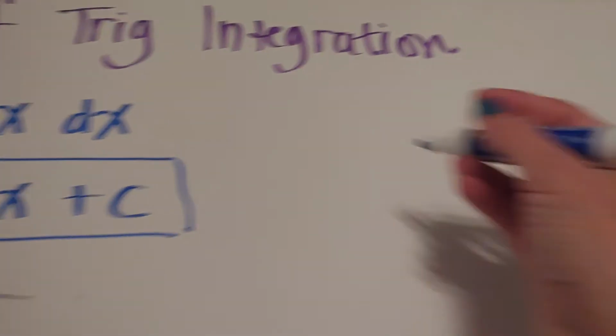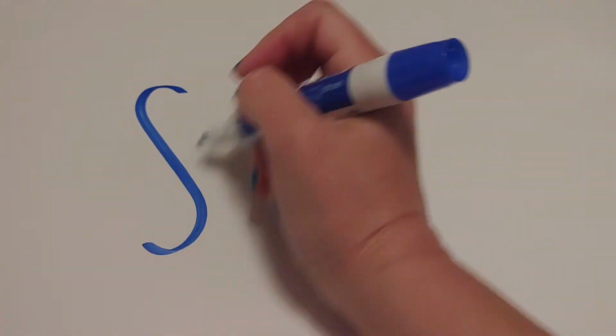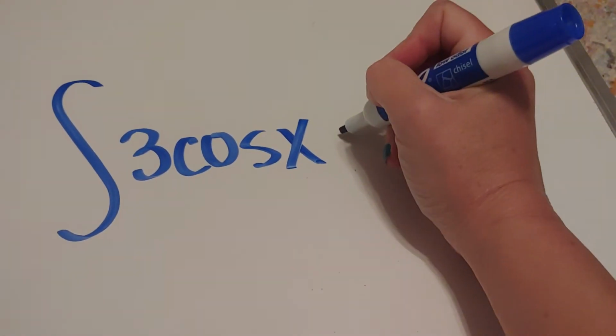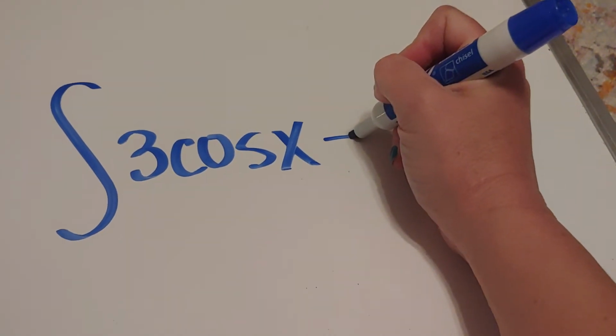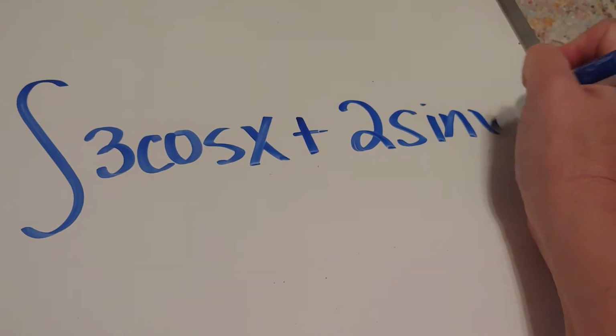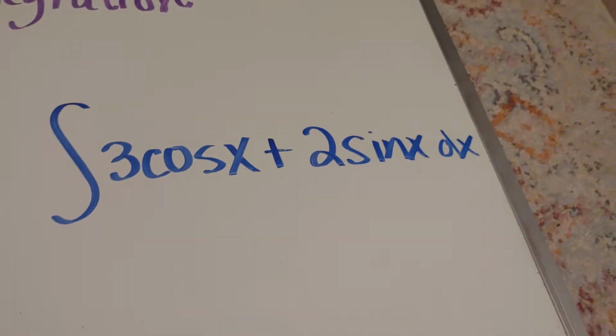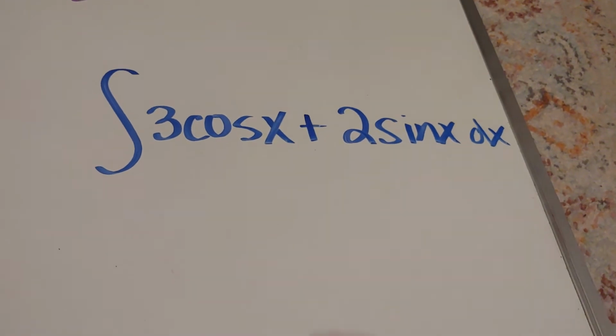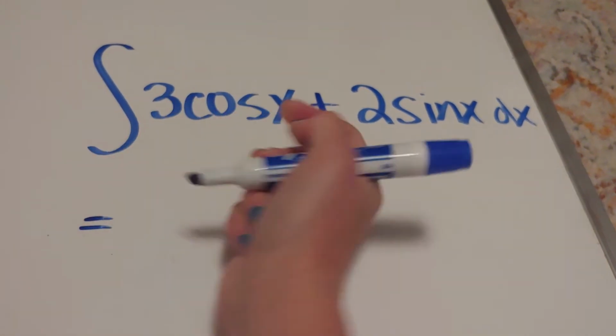All right, let's do another one. What if I had 3 cosine x plus 2 sine x? So the integral of 3 cosine x plus 2 sine x dx. Okay, so I'm going to integrate.